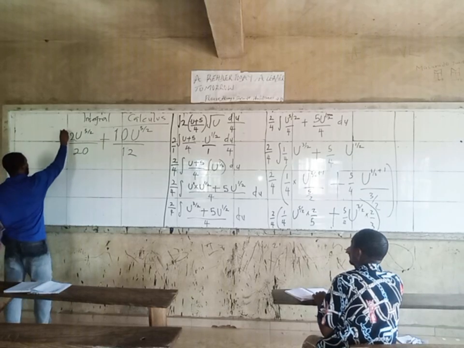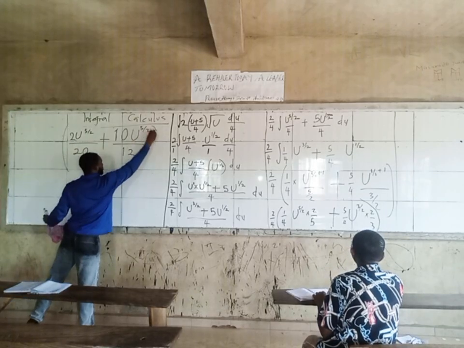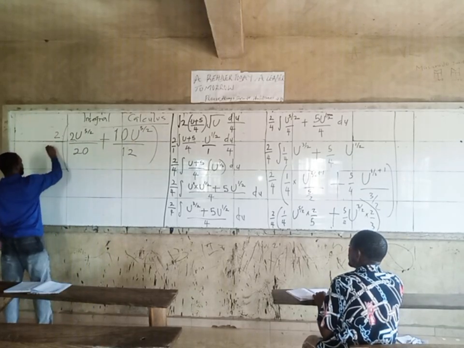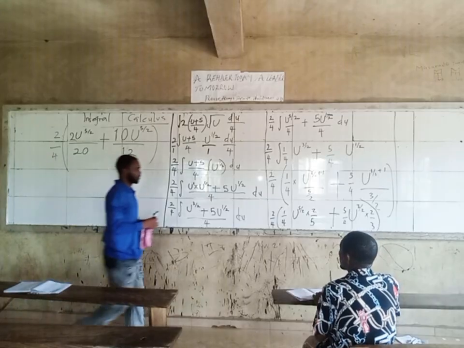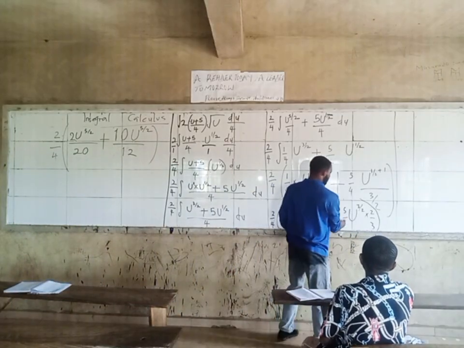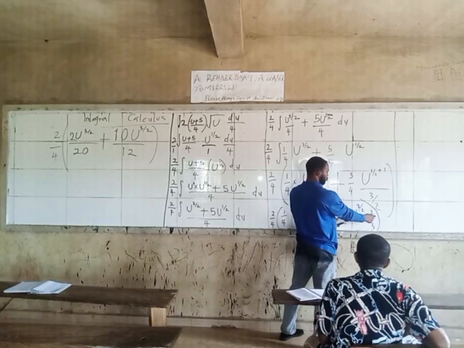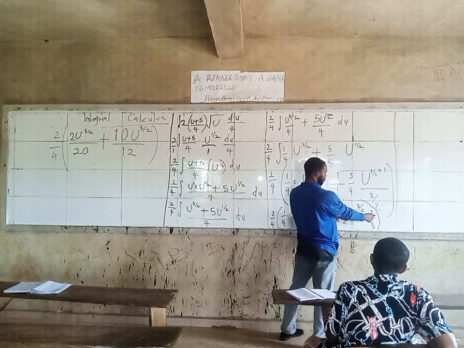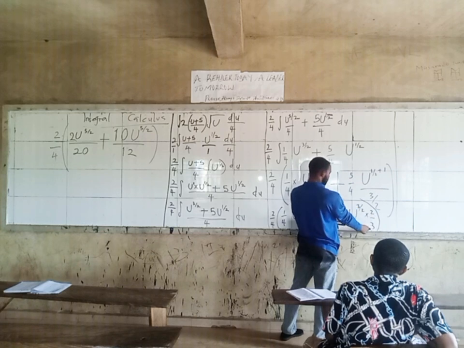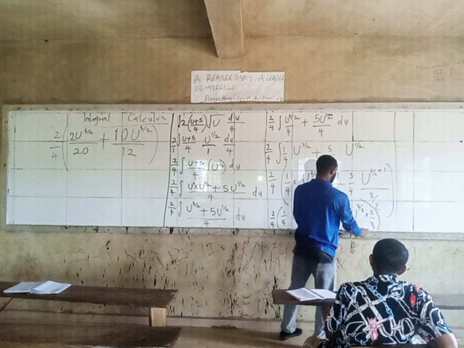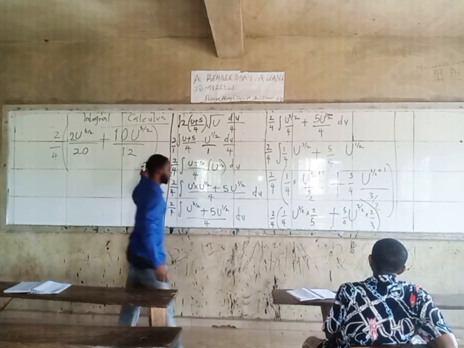Yes, now I'm coming. Not everything is multiplied by 2 over 4. You say, how did you get this? It is 5 over 4, children, u raised to power 3/2 times 2 over 3. 2 times 5, 10. 3 times 4, 12. That is it. So that is how we got it.